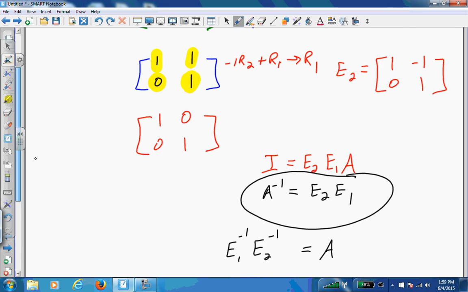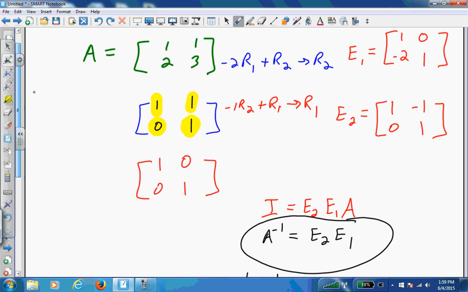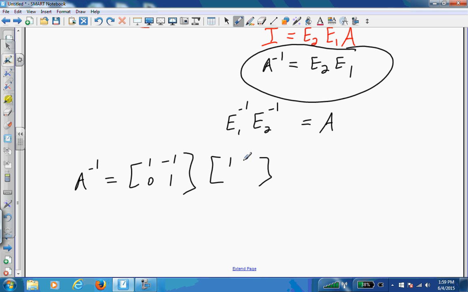So that takes E2, 1, negative 1, 0, 1, times E1, 1, 0, negative 2, 1. And let's multiply those together. So row times column, 1, 2, so 3, 0 minus 1, row and column 0, negative 2, 0, 1.